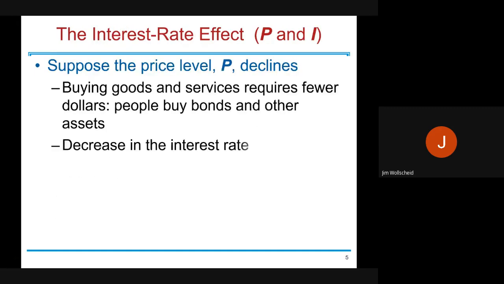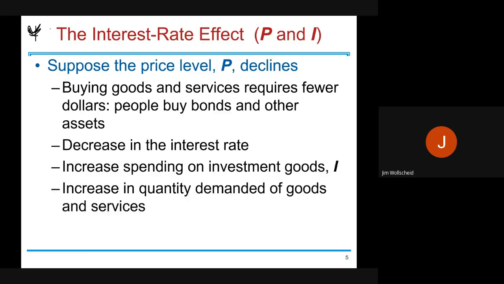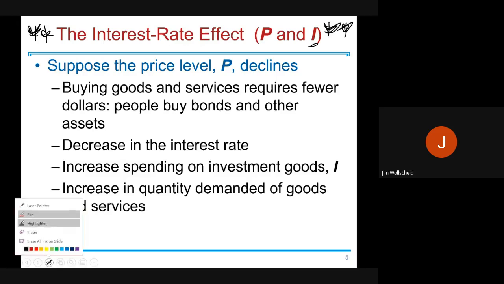Effect two, the more important effect, or the most important effect in describing aggregate demand. Because remember, I makes a big impact on Y. Because remember, I changes a lot, changes GDP a lot. So we're going to have the same thing here. We're going to have the interest rate effect.